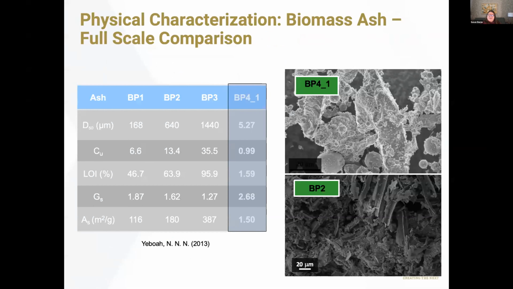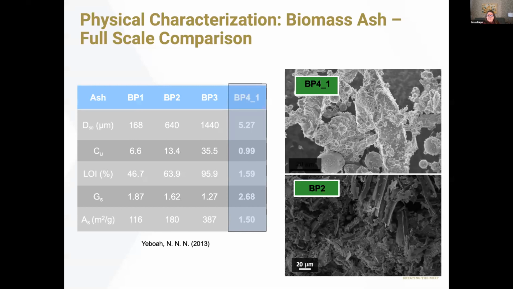When we look at this, one other thing that I want to point out is that the type of plant that is generating electricity is really important on the ash that is produced. Okay, so what we've got here are the first three examples, BP 1, 2, and 3, are power plants that burned biomass, but they were small scale power plants. So this is what I mentioned before, the paper mill, for example, used biomass as its input.